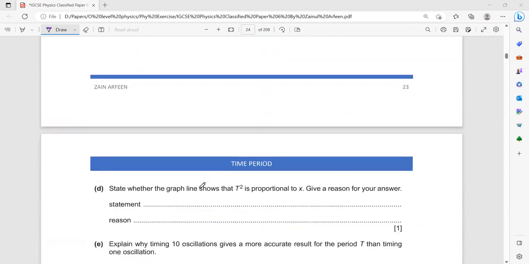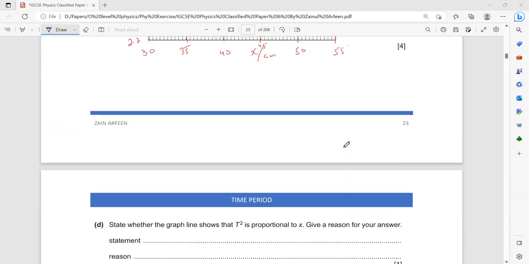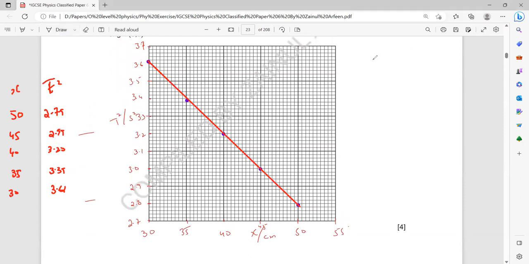The next part they ask: state whether the graph of t square and x is proportional and give a reason. First thing, are they directly proportional? Yes or no? Directly proportional means if you are increasing one quantity, the other is also increasing.